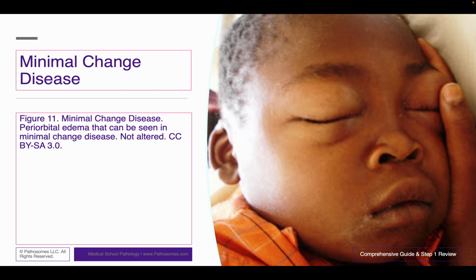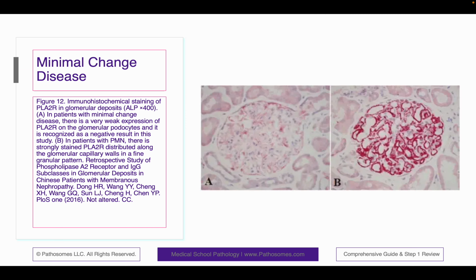For the most part, yes, and definitely in a clinical test scenario. And here is some histology from a patient with glomerular deposits. Note that in patients with minimal change disease, there's very weak expression of PLA2R on the glomerular podocytes.